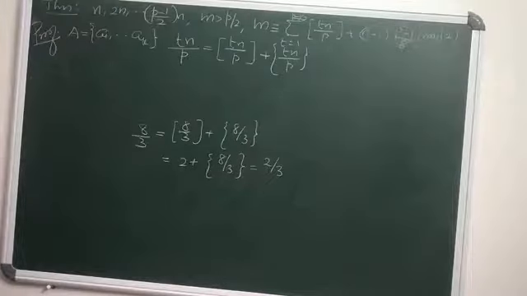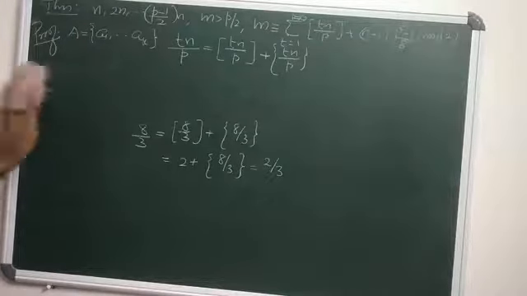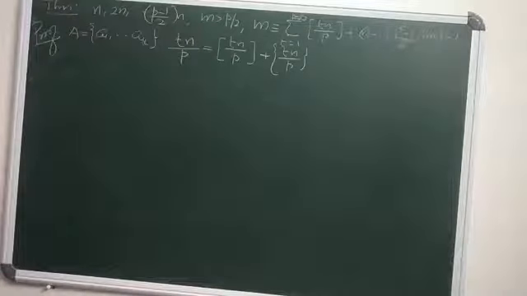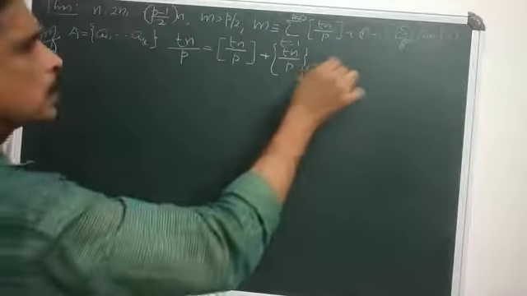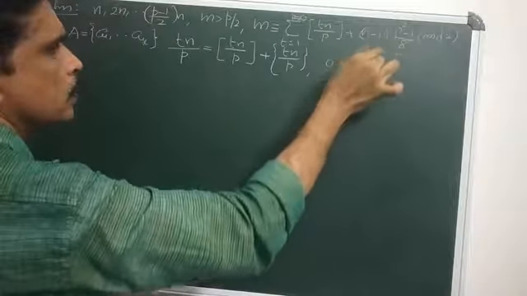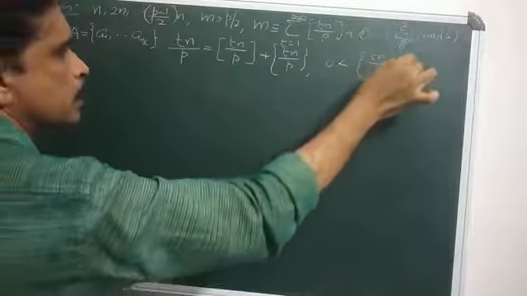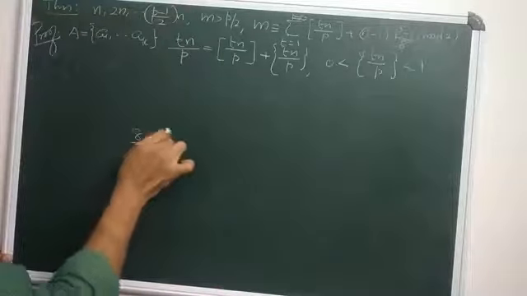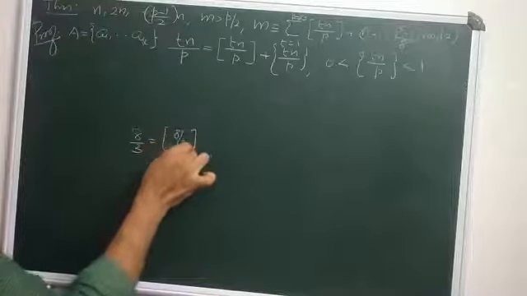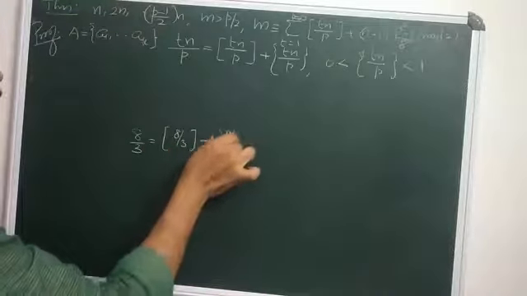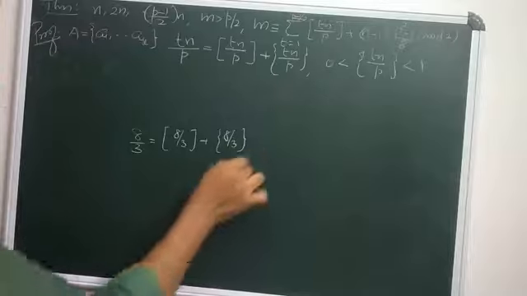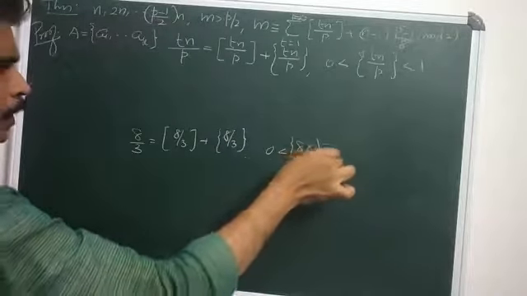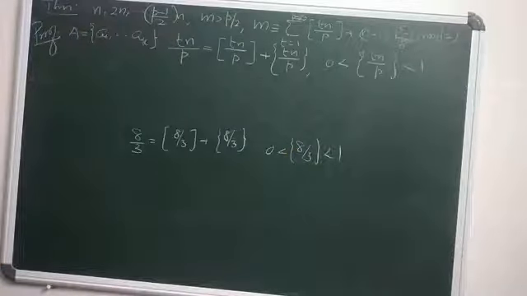So like that, tn by p equals the greatest integer of tn by p plus the fraction part of tn by p, such that 0 is less than or equal to the fraction part of tn by p, strictly less than 1. Again 8 by 3 equals the integer part of 8 by 3 plus the fraction part of 8 by 3.